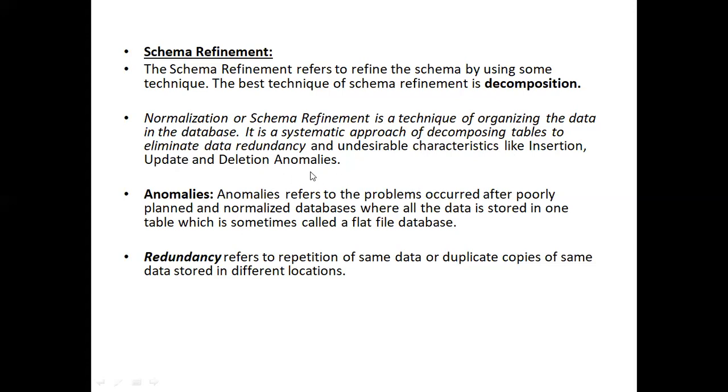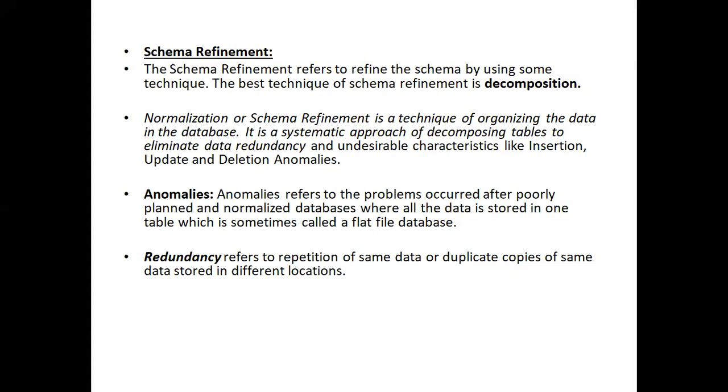Anomalies means what? It is somewhat, I can say, problems. It refers to the problems that occur after a poorly planned and unnormalized database. So anomalies are referred to as problems that occur at a particular time of insertion or deletion or updation.